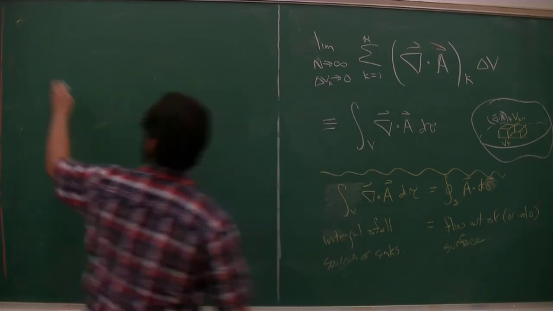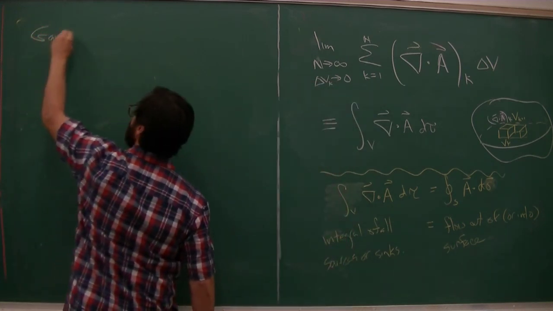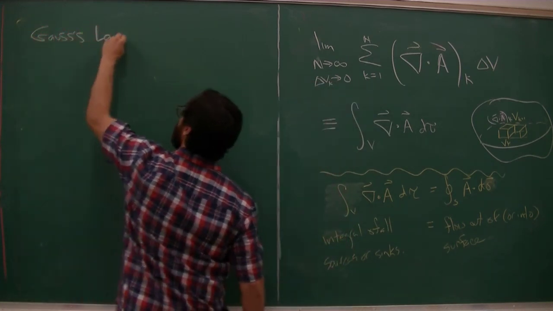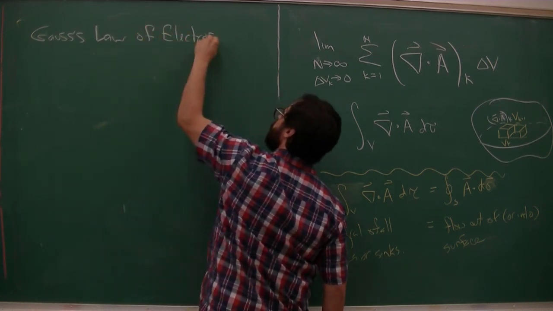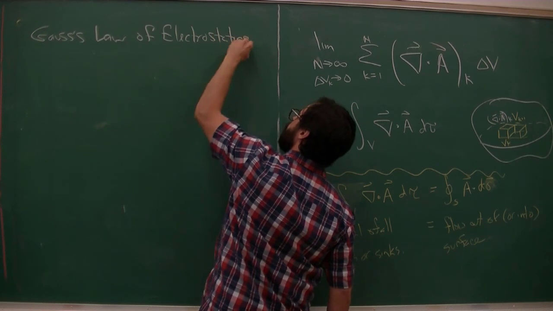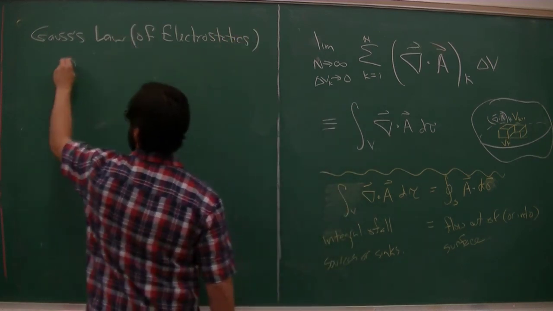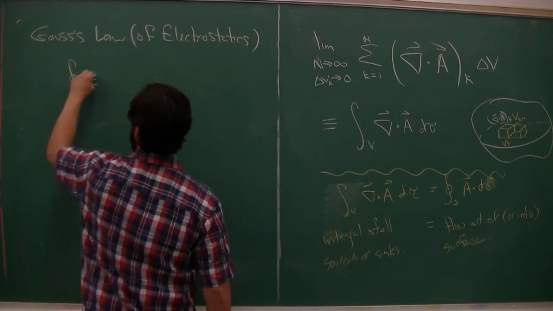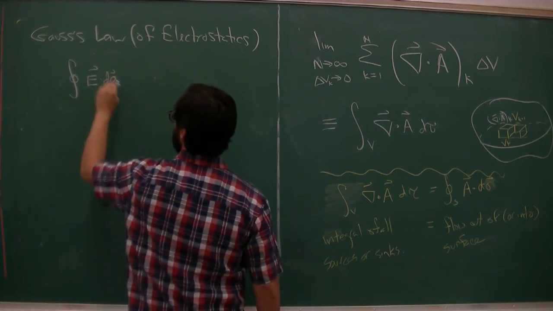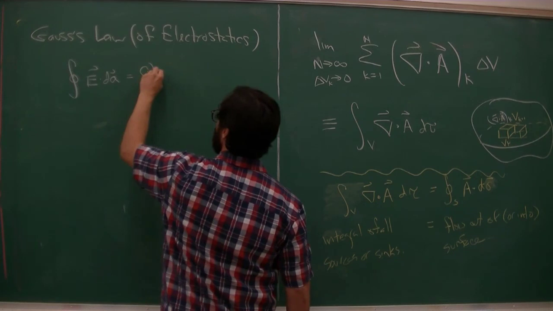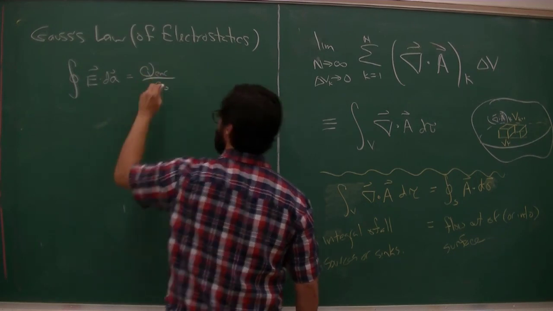So Gauss's law of electrostatics, just to be super clear about it, says integral E dot dA equals Q enclosed over epsilon naught.